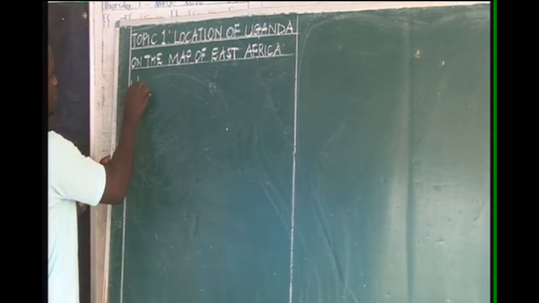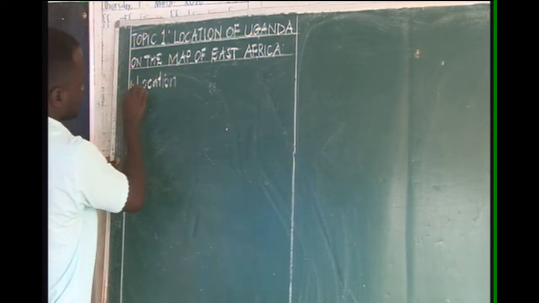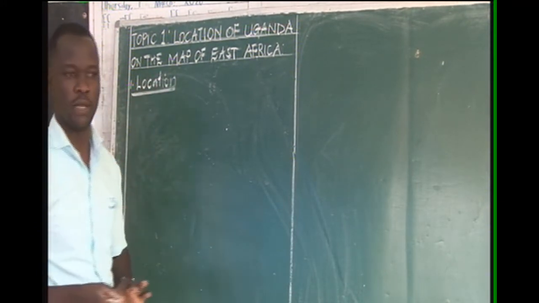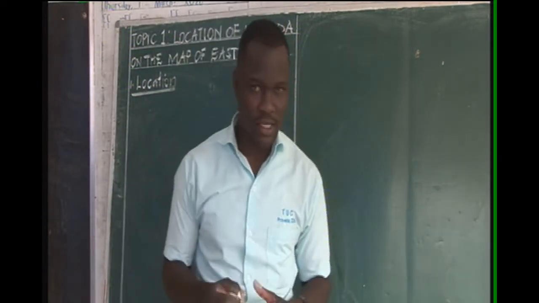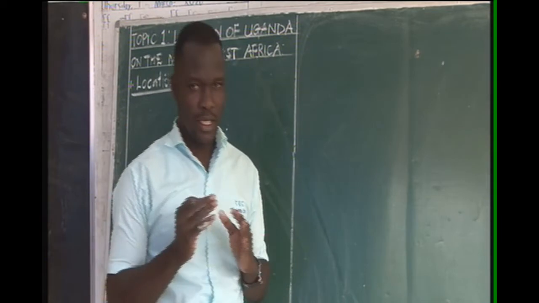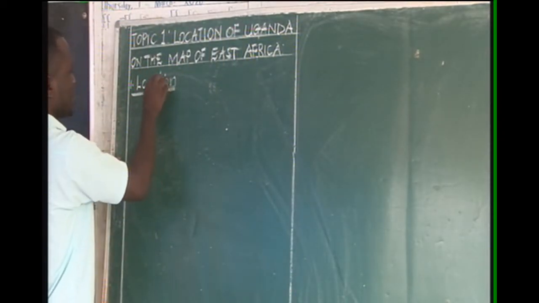First thing we need to note is, what do we mean by the term location? Anyone to give the answer? If you know the answer, you are going to write it together.